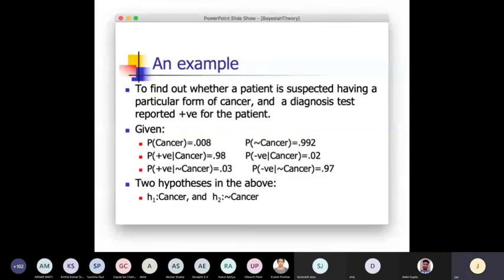Observation is positive. So probability of observation positive given the cancer class, given the hypothesis, right? Given H1. And probability of observation, once again, tell me, what should be the other one you should compute? Positive given not cancer. Exactly. And actually that is already given, so you need not compute.